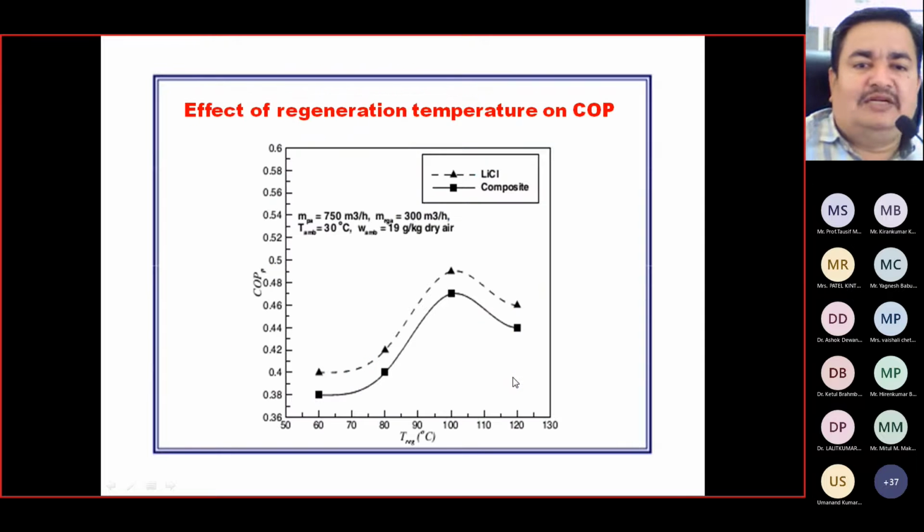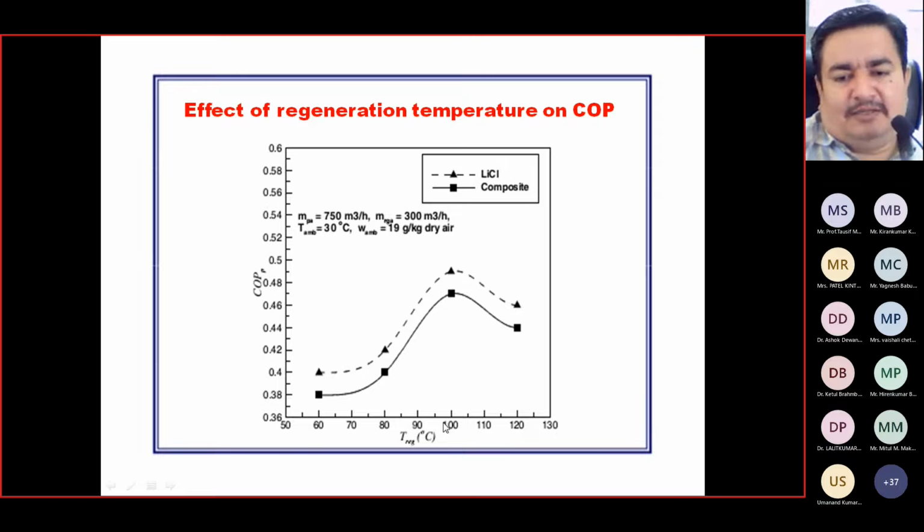So what will be the effect of regeneration air temperature on COP for lithium chloride or composite kinds of desiccant? We observe lithium chloride is better, but beyond 100 degrees, however much you increase the reactivation air temperature, it may not favor a rise in COP.